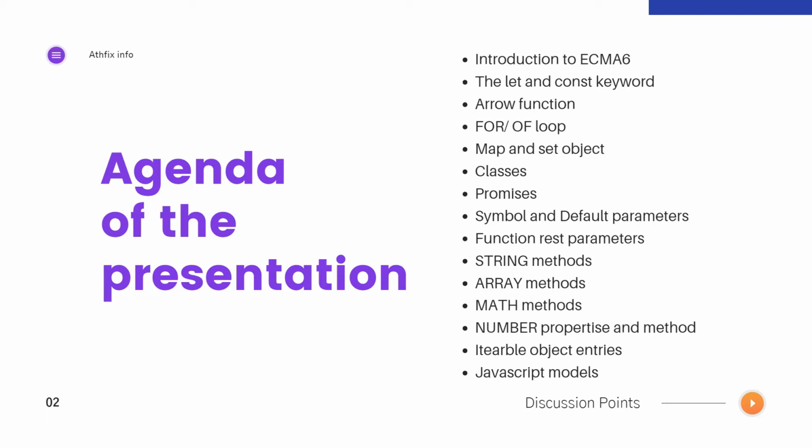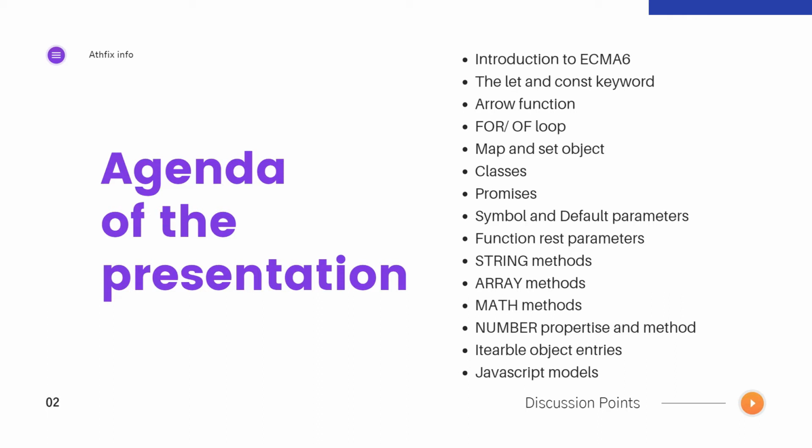First of all, it introduces the let and const keywords, which we can use in a small code snippet, or you can use throughout the function. And you have arrow functions, in which we don't have to use the function keyword and return statement. You have for-of loops, in which you can directly access array and object elements in the for loop.